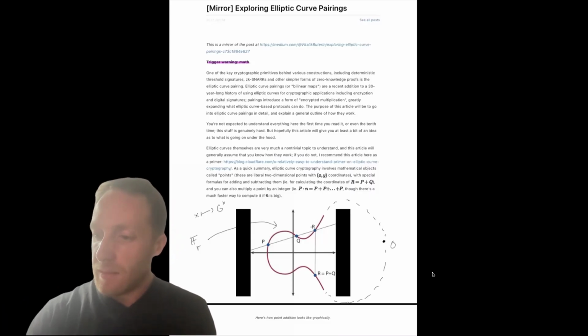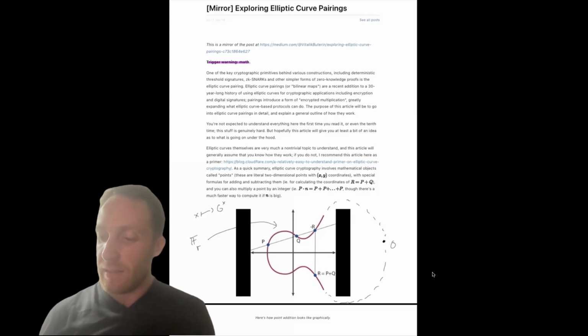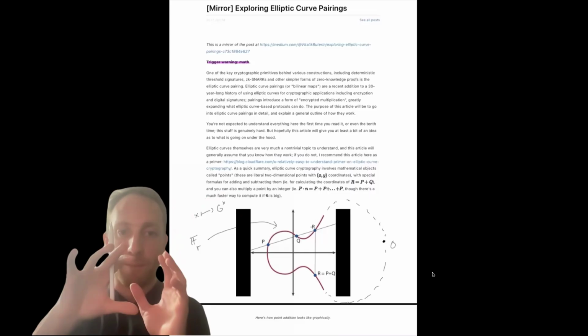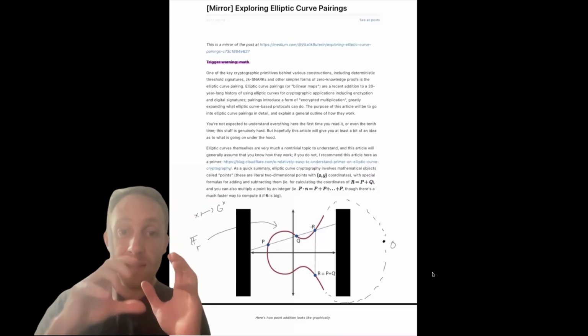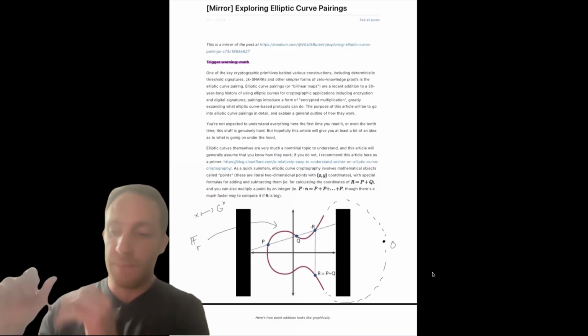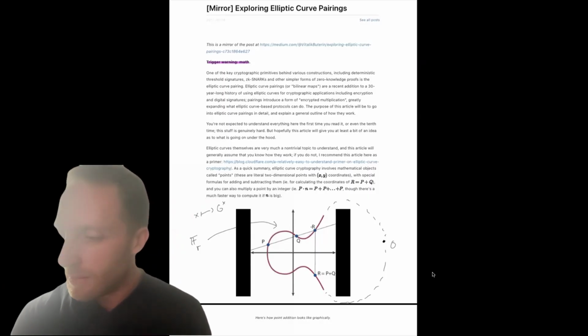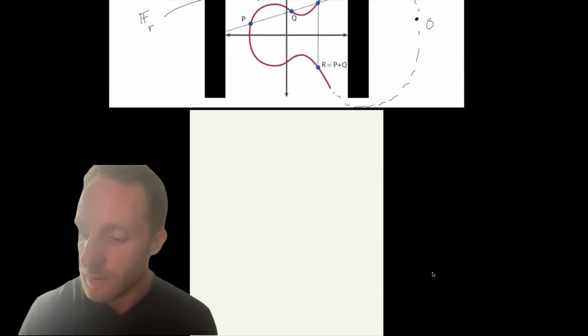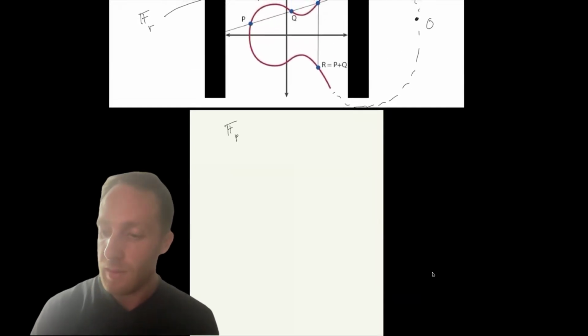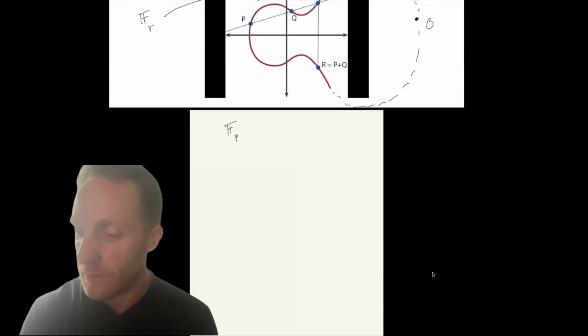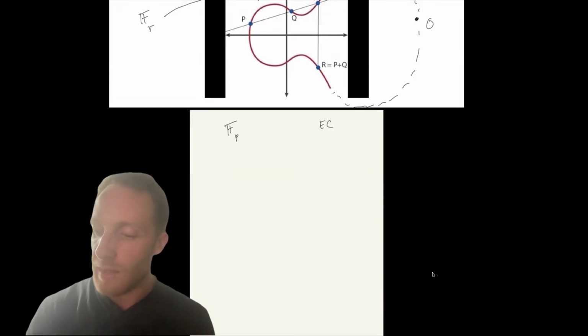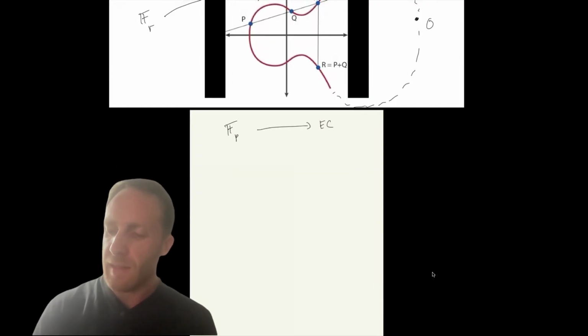That being said, what we have here is a group preserving operation, right? This embedding kind of pushes the additive operation onto the elliptic curve. And let me draw right here. What we're doing is that we have, let's say, F_p, and then we have the elliptic curve EC, and the mapping, which I actually don't know what it's called.